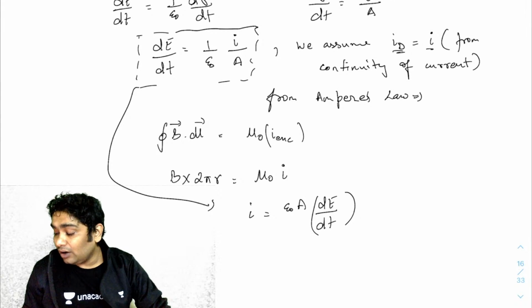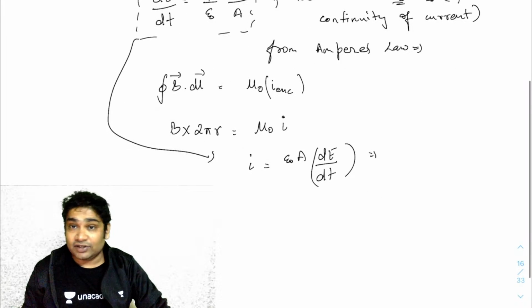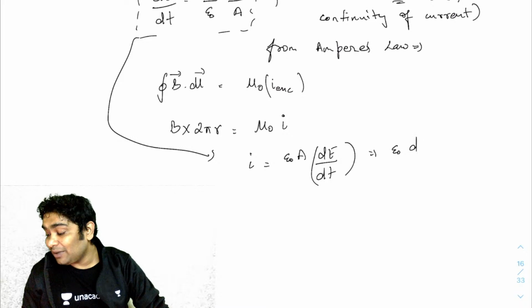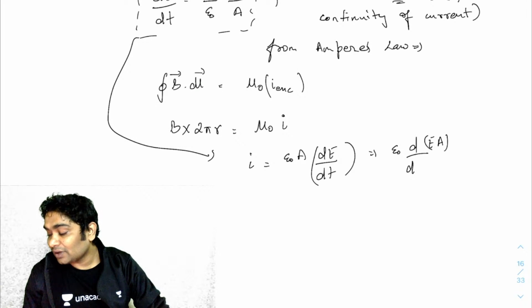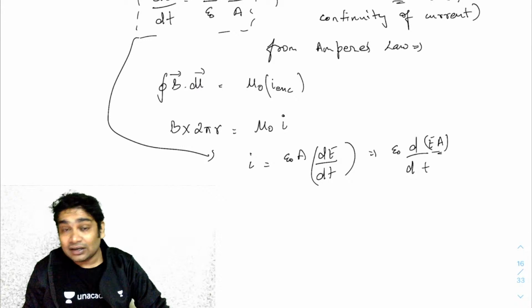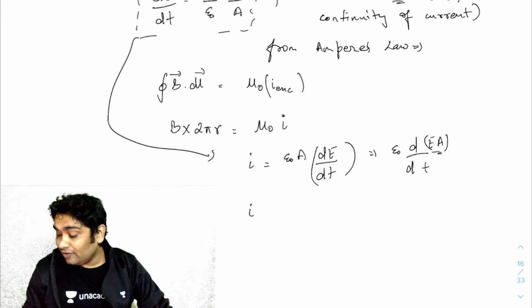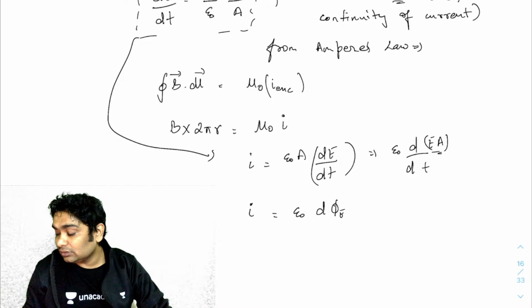Now, A being the area of cross section never changes. So I can even write this as epsilon naught times d by dt of E times A. And E times A is nothing but the electric flux. So I, in fact, can be considered equal to epsilon naught times d phi E by dt.